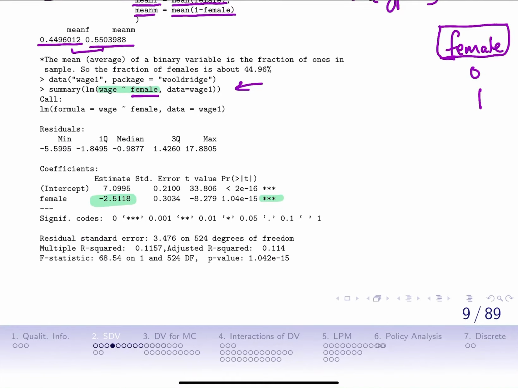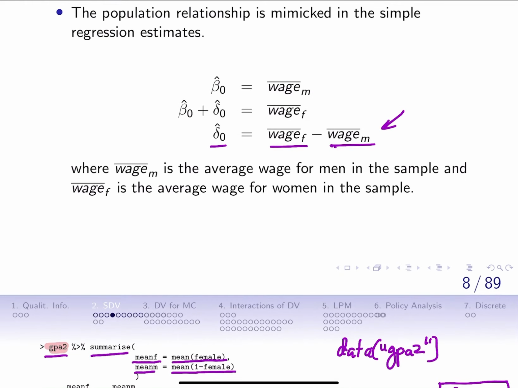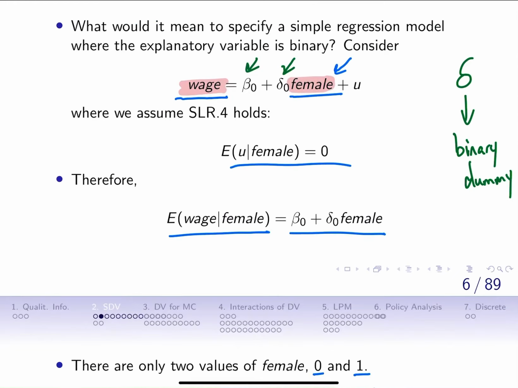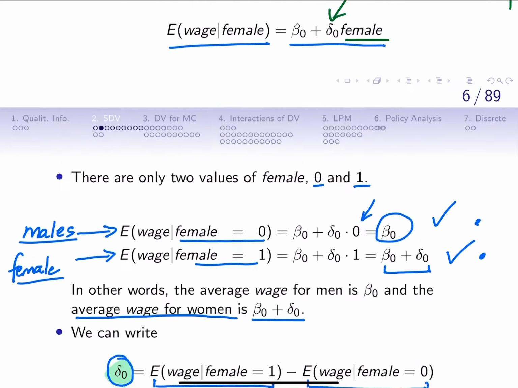So remember, the way to look at this coefficient is it's giving you the value of delta naught, and delta naught is this coefficient on female. So it's telling you the difference. It's not telling you what the average wage for females is. It's telling you the difference between the average wages for females versus males.